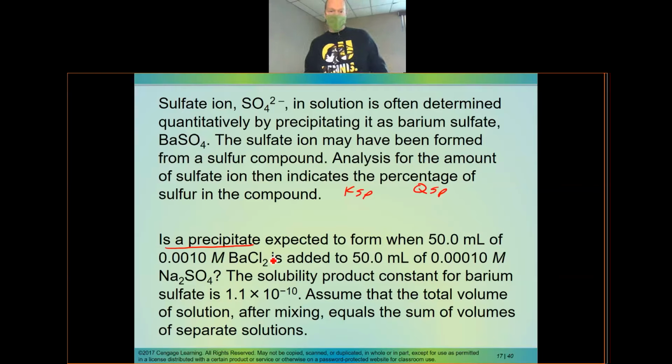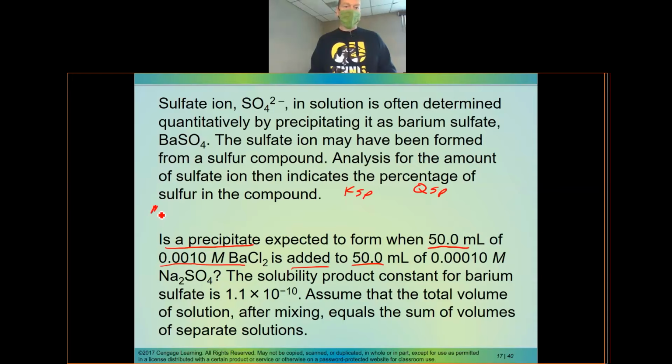All right, but see here, we are adding 50 mL of 0.001 molar barium chloride, and we're going to add that to 50 mL of 0.00010 molar sodium sulfate. So we've added a volume to a volume. Anytime you are adding a volume to a volume, you got to find a new molarity.